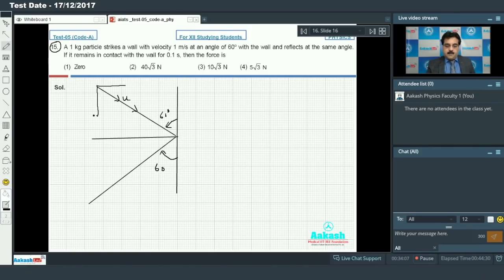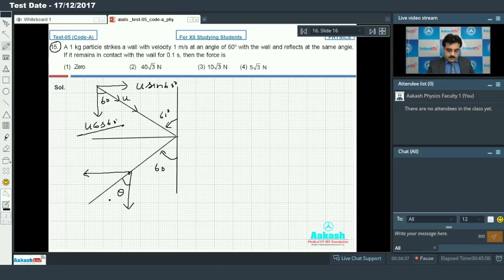If I resolve the component of this velocity, we will take this angle as 60. So we can write this velocity along y-axis is u cos 60, and this velocity along x-axis is u sin 60. Similarly, if I resolve the component of velocity in the case of reflection, if this angle is 60, so this angle will be 60.